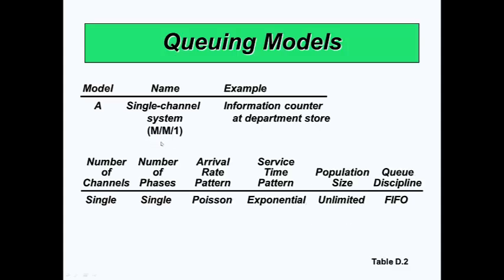The notation used is M/M/1. The first M stands for the arrival rate being Poisson. The second M stands for the service time being negative exponential, which is again a different way of putting the Poisson. If some of you are wondering why M, just understand that M stands for memoryless.